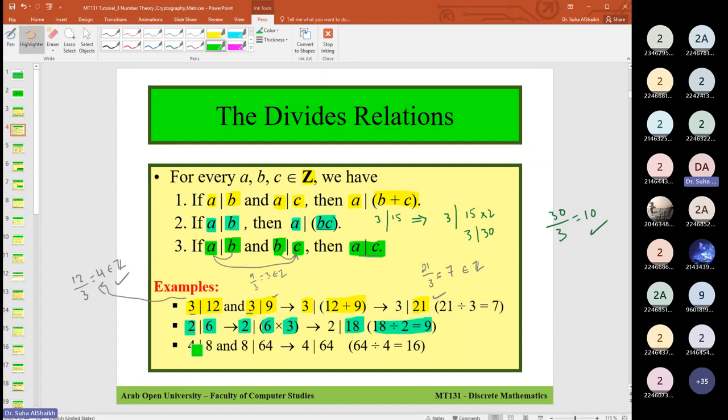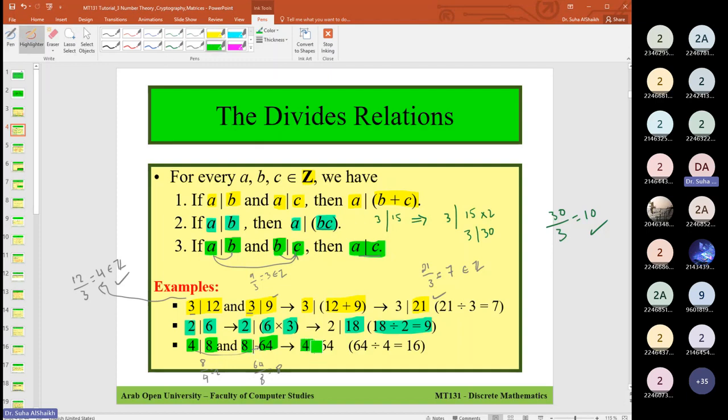4 divides 8 because 8 over 4 is equal to 2, and 8 divides 64 because 64 over 8 is equal to 8. So this means 4 must divide 64; we have a jump from 4 to 64, and that's correct.